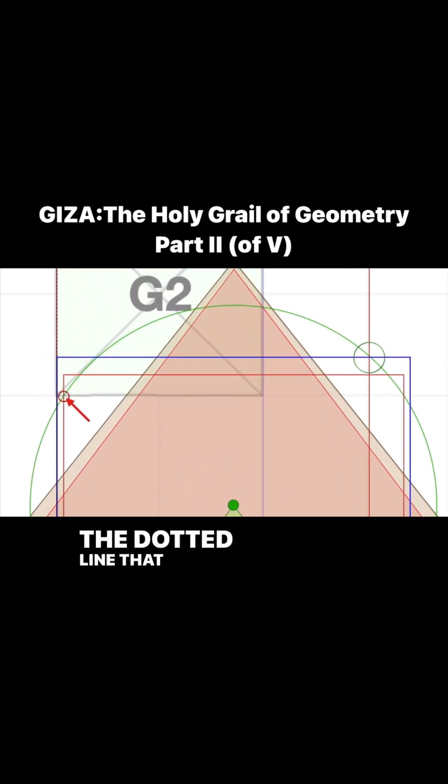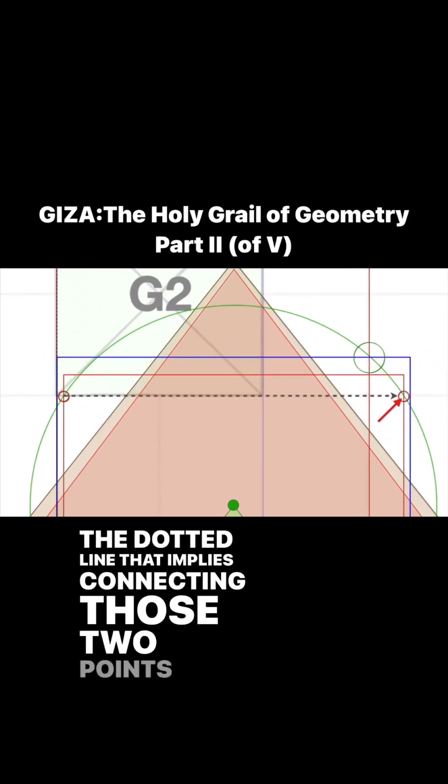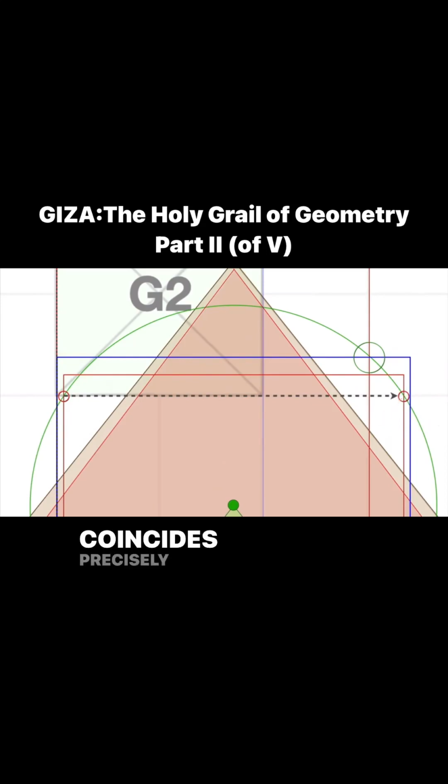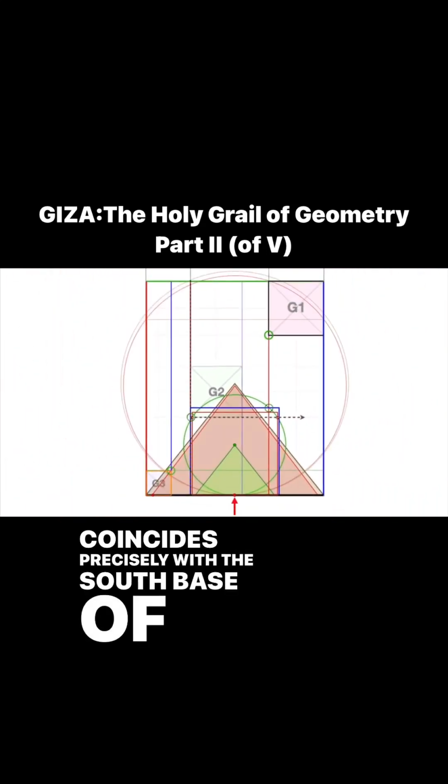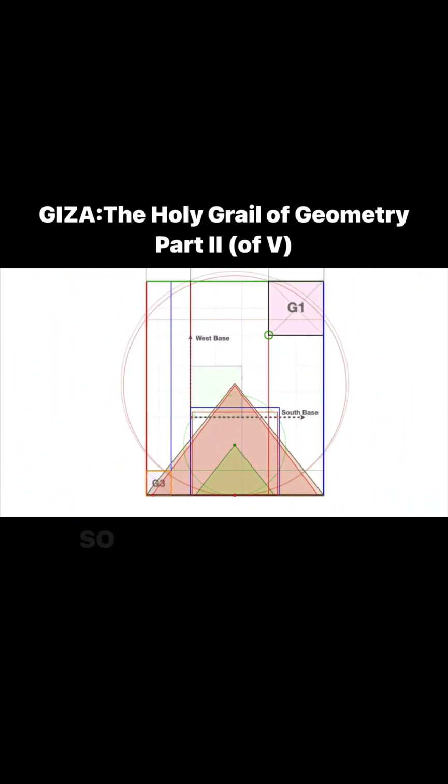The dotted line that implies connecting those 2 points coincides precisely with the south base of Khafre overhead view, so we now know both the south and west bases, thus identifying Khafre's lower left corner.